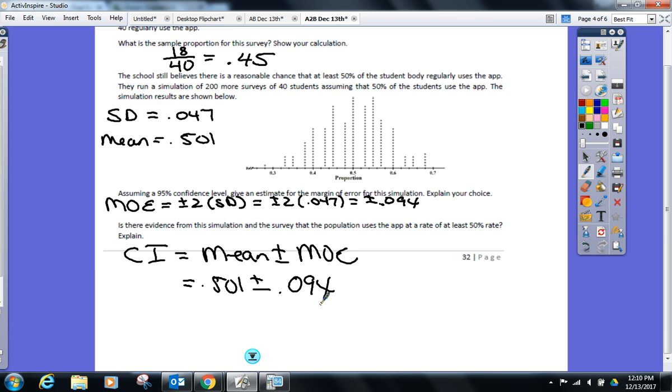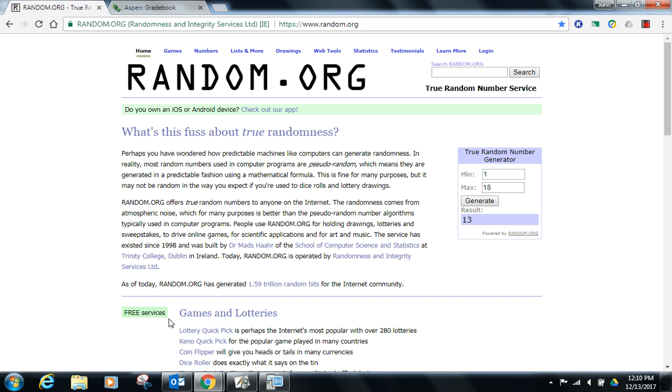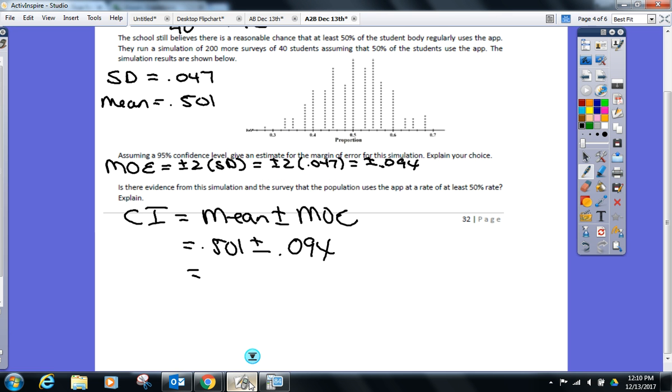Okay, so go ahead: 0.501 minus 0.094, and then add them together to find my 95% confidence interval. What do you got for me?